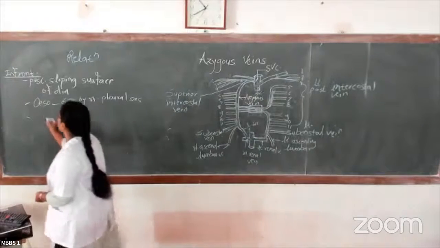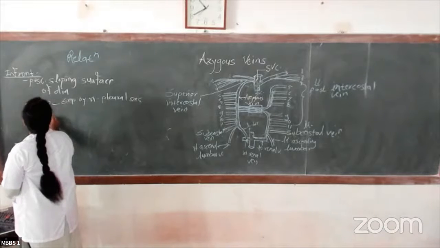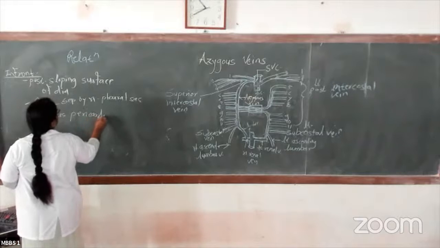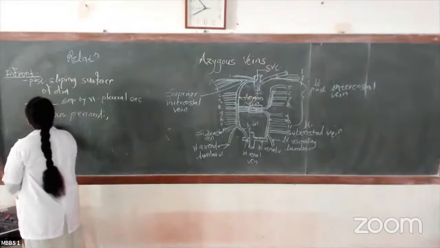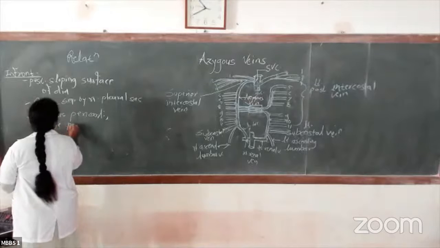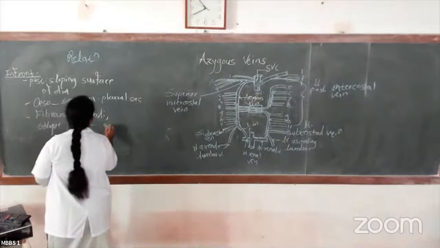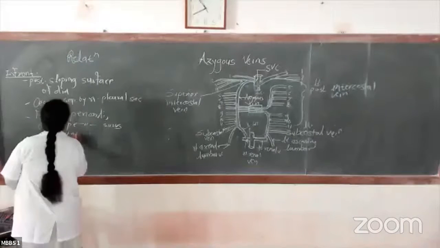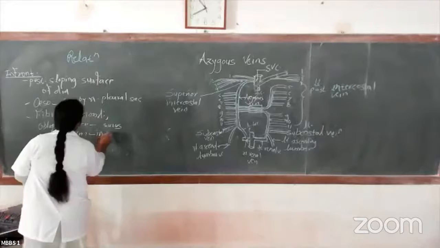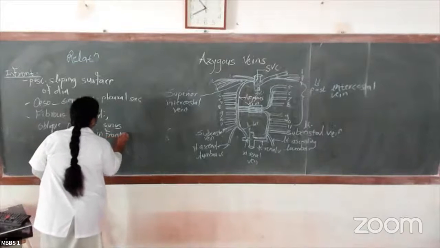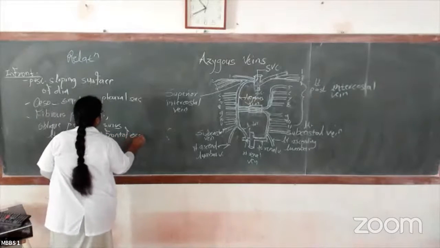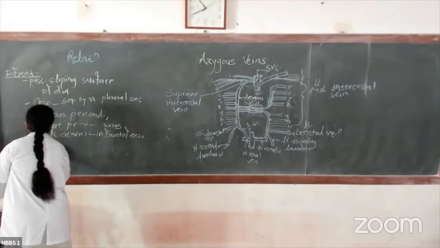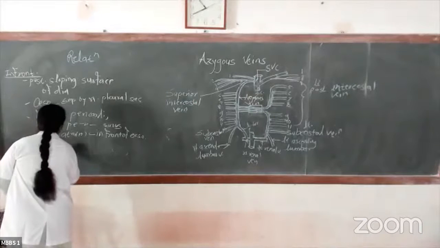Again, fibrous pericardium, oblique pericardial sinus, left atrium. That is in front of the esophagus. Above the esophagus, there is the right lung.